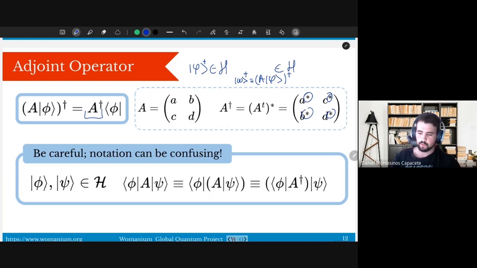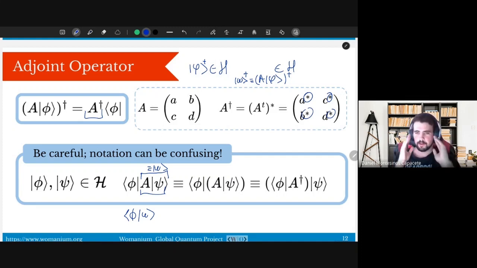And also be careful because we will write, for example, let's say you have this bracket, right? You could call this W. I mean, this will be the same as this bracket here, because this is another vector of your Hilbert space.